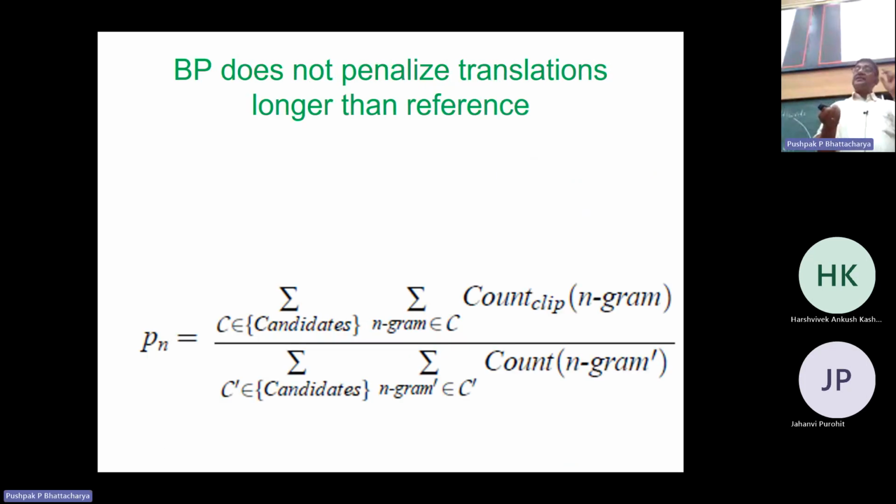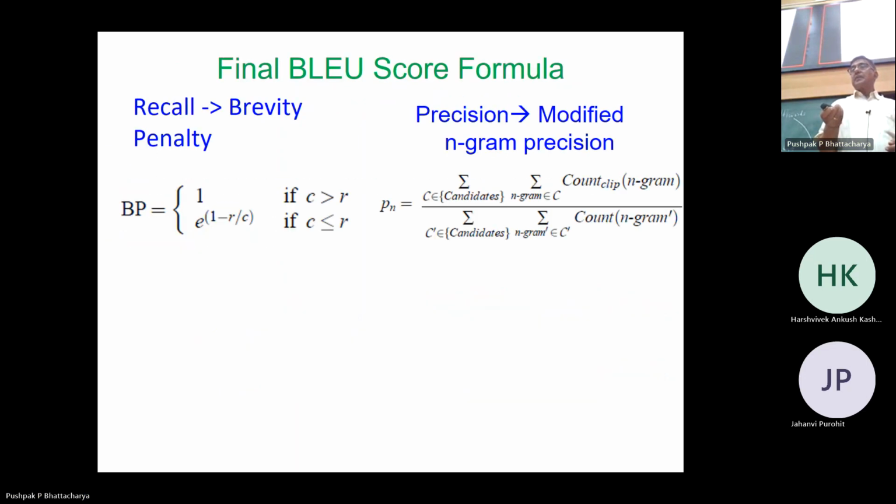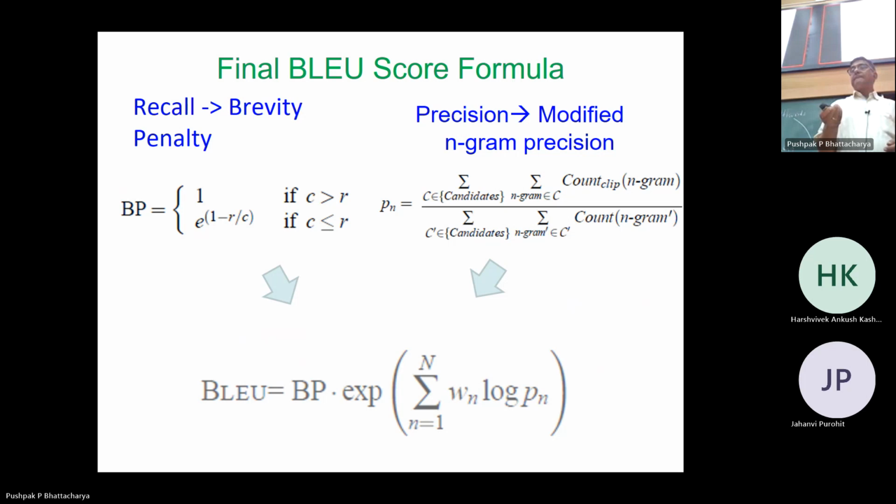So then what is the final BLEU score formula? This is the BLEU score formula. BLEU score is equal to BP into e to the power sigma n equal to 1 to capital N, Wn log Pn. So Pn is the core of the formula on the right hand side. Pn is the precision of unigrams, bigrams, etc. Brevity penalty is a multiplying factor.